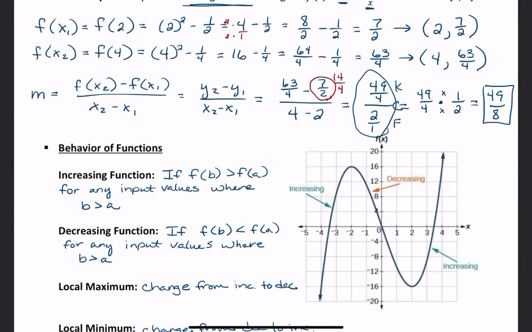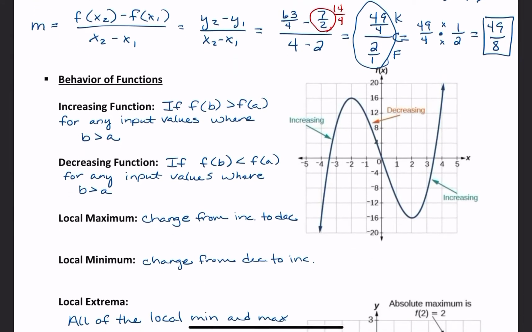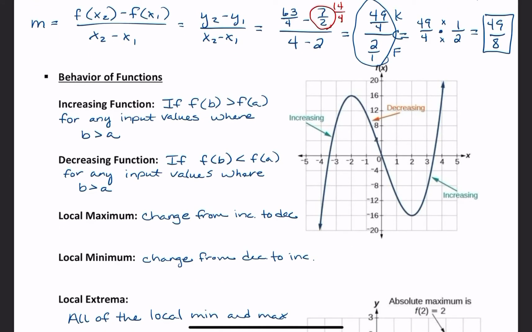Okay, let's talk about behavior of graphs. That was all average rate of change. So don't be too scared about that. It's just finding slope. When we talk about behavior of functions, I'm talking about what's going on. Is it increasing, decreasing? Does it have a minimum or a maximum? So an increasing function is if f of b is greater than f of a.